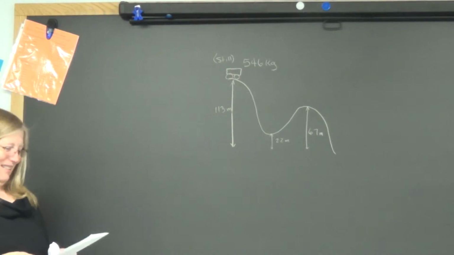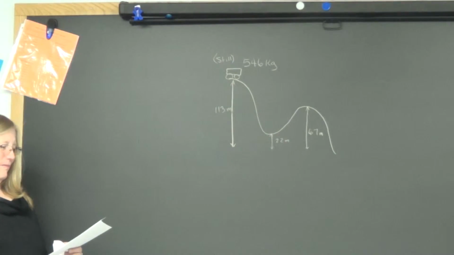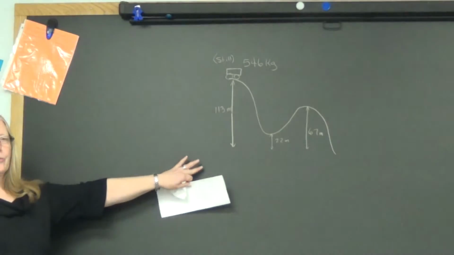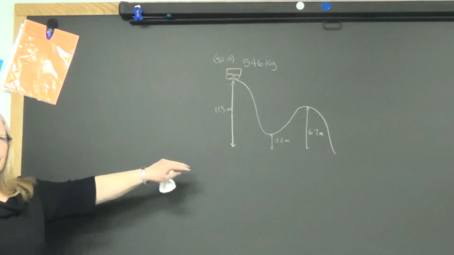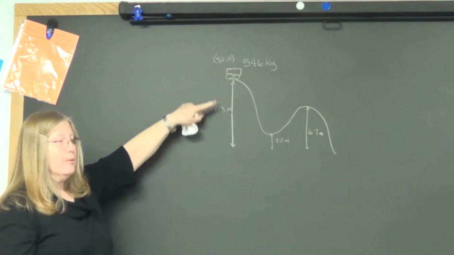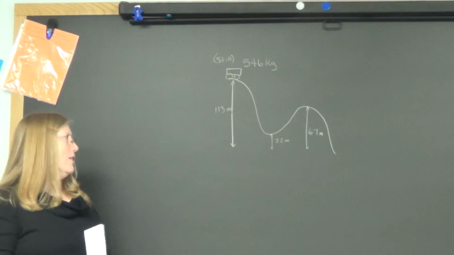If you go to Hershey Park, they'll actually give you a little handout with the heights of the hills, and you'll be able to do what I'm teaching you right now.